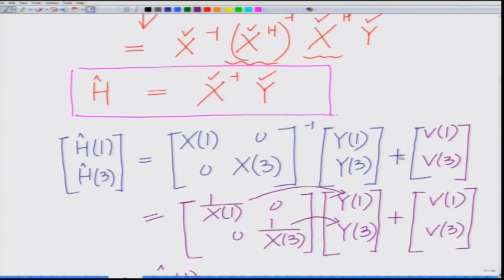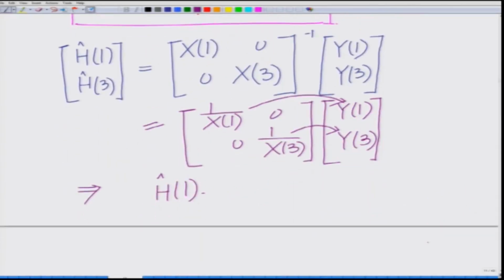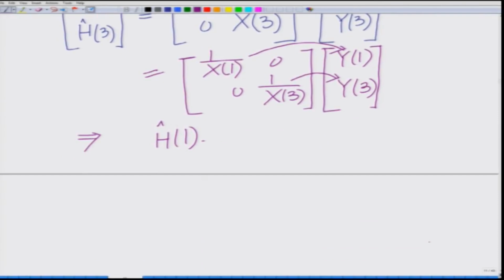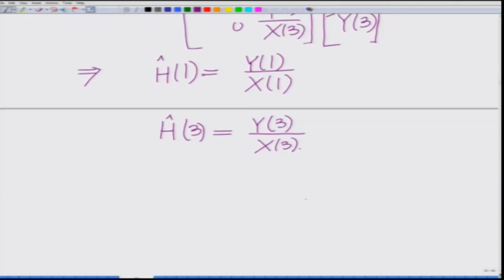I am sorry, there is no noise in the estimate. So, h hat 1 equals y 1 divided by x 1, h hat 3 equals y 3 divided by x 3.